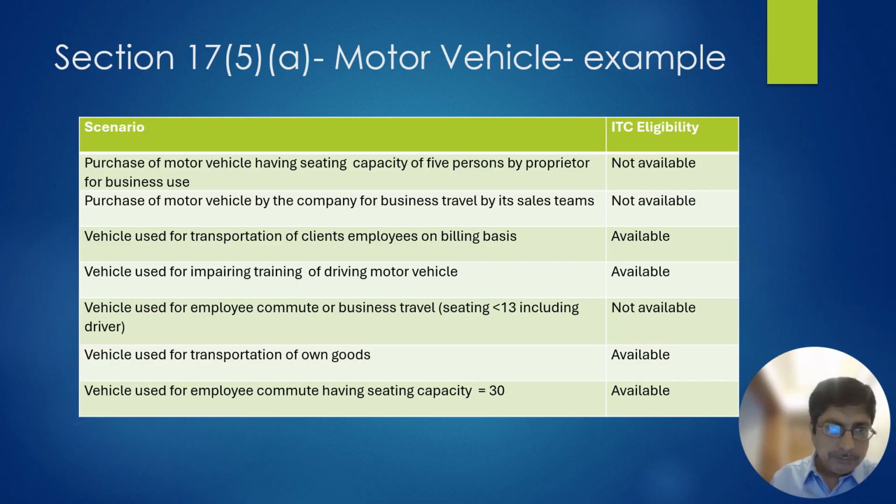Last example, motor vehicle purchased for transportation of employees having a seating capacity of 30 persons. Therefore, the GST credit is available because it has a seating capacity of more than 13.